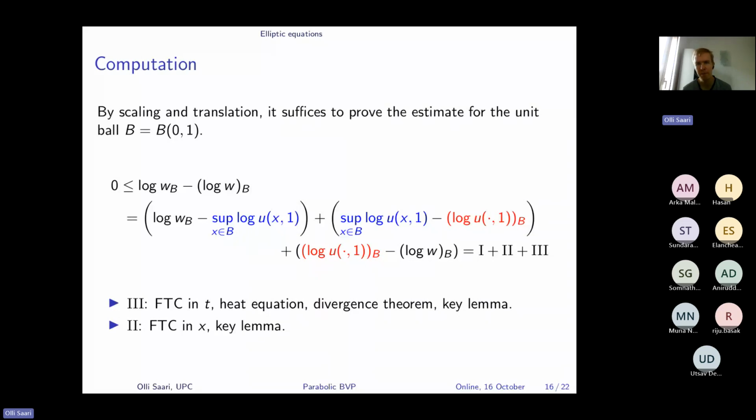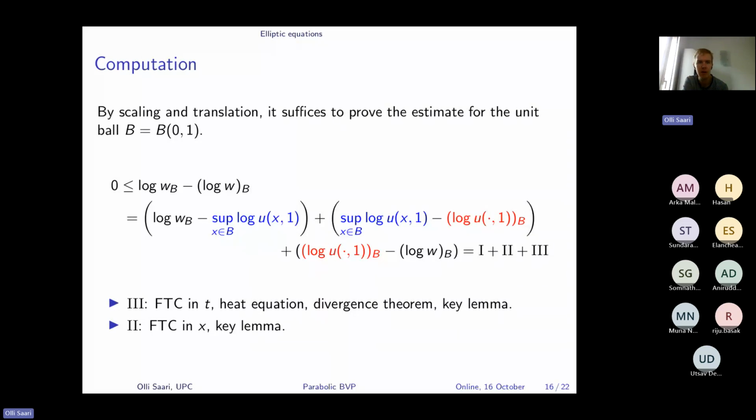Now we can pull the B integral out. We have difference of logarithm. But log W, now in the smooth case, is log U at 0. So this is the boundary value. So this is difference of the solution at time 1 and time 0.